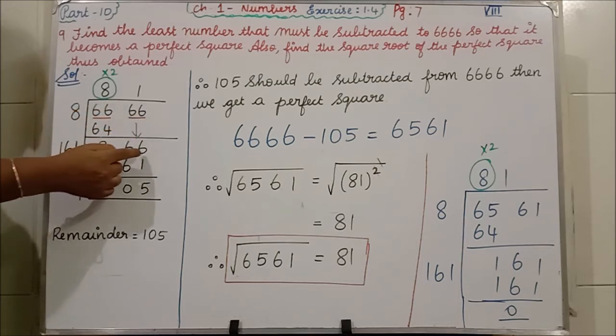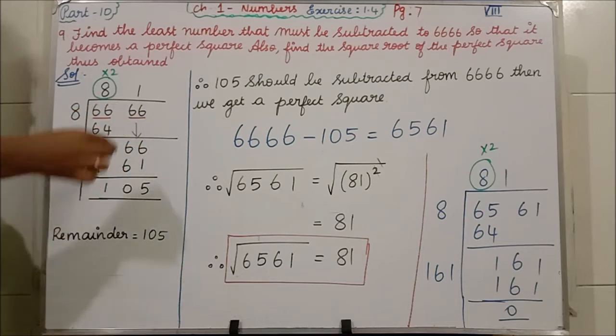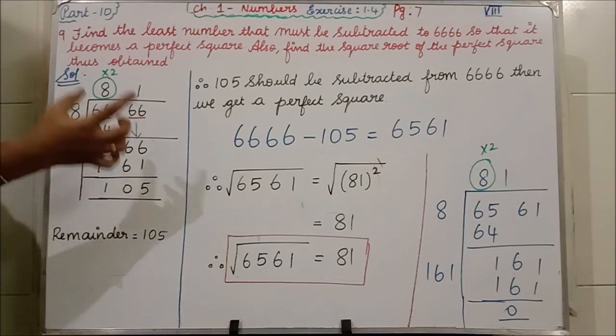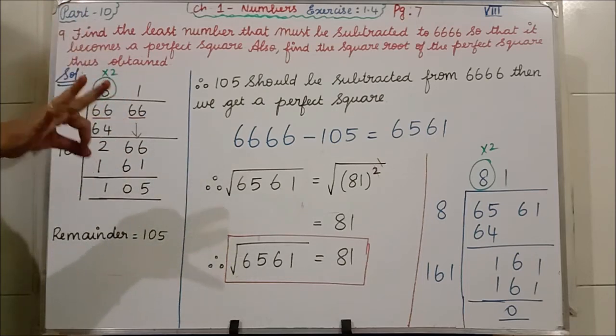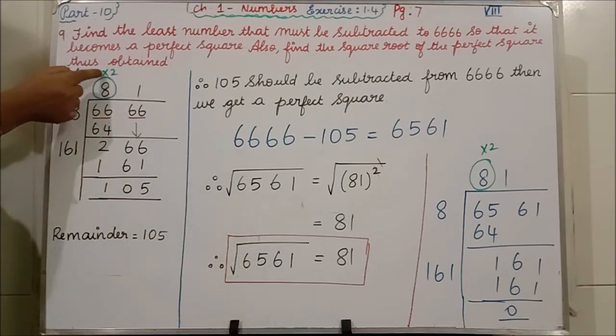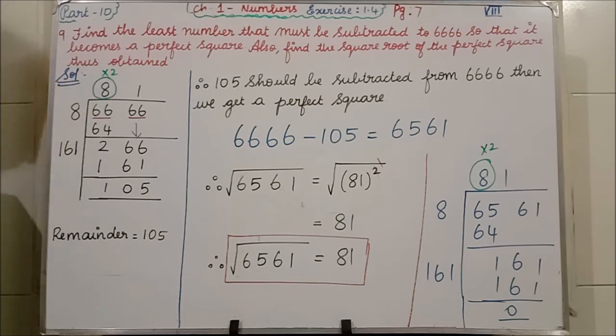Then bring this 66 down. After bringing the 66, what is the next step? This 8 you have to multiply with 2, and 8 2s are 16. That 16 you have to write here.